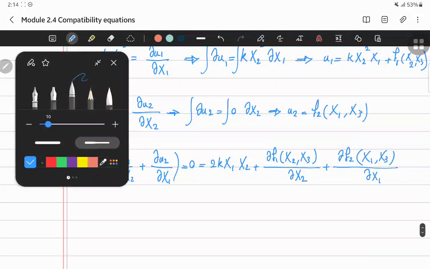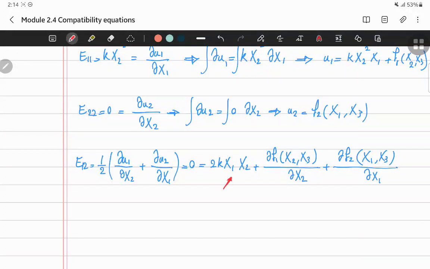So here, if you see, we have a function of x1 and x2. Here we have a function of x2 and x3, and here we have a function of x1 and x3.